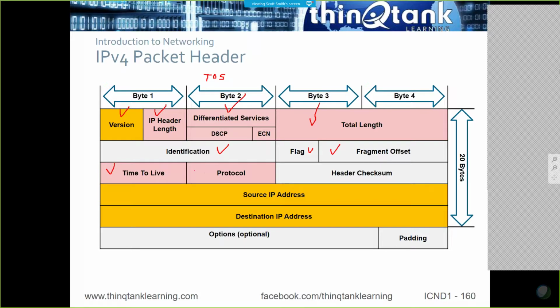Now, at layer 2, here comes another question, guys. At layer 2, we had a field called the type field. It was the third field in my data link layer header, my Ethernet 2 header. Do you guys remember what the type field was used for? What was the purpose of the type field?